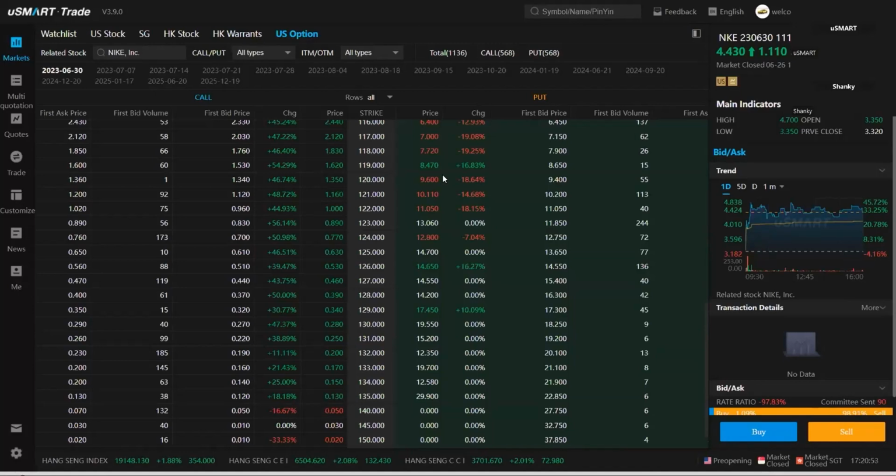The total is 100, your investment, because one lot is equal to 100. So 0.5 plus 0.5 comes to $100. So approximately $110 is your investment in Nike.